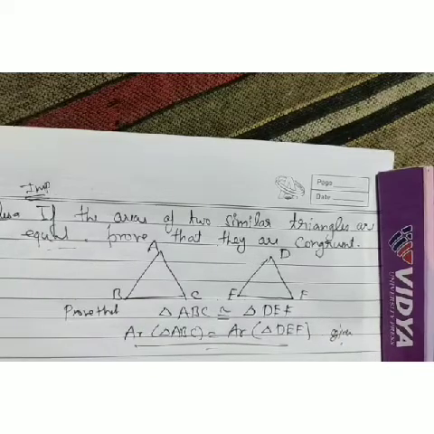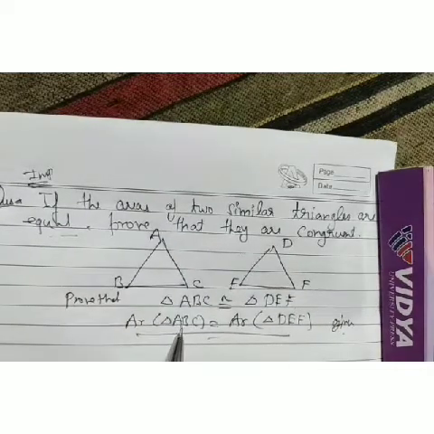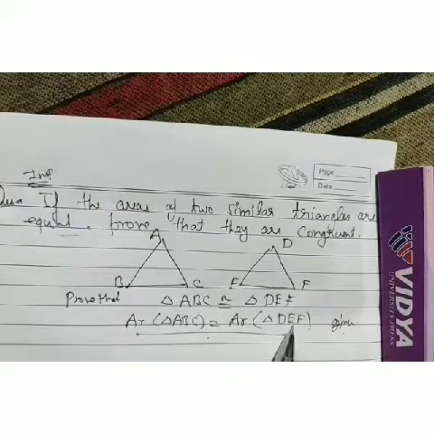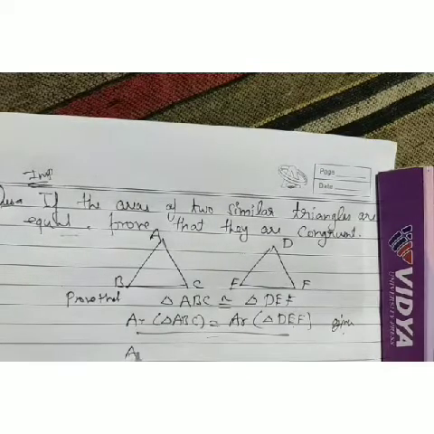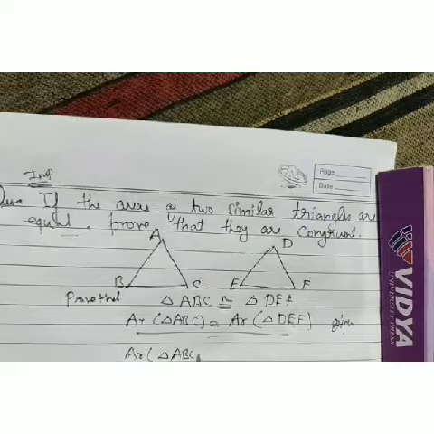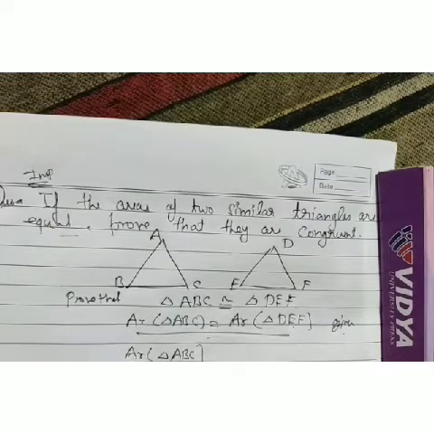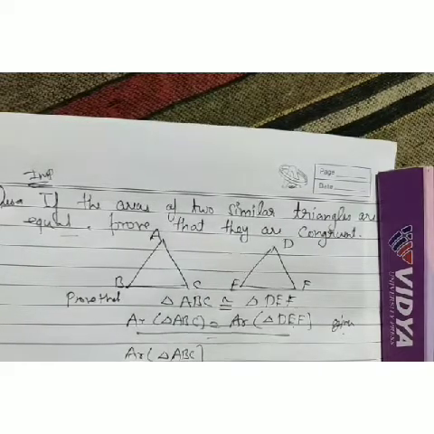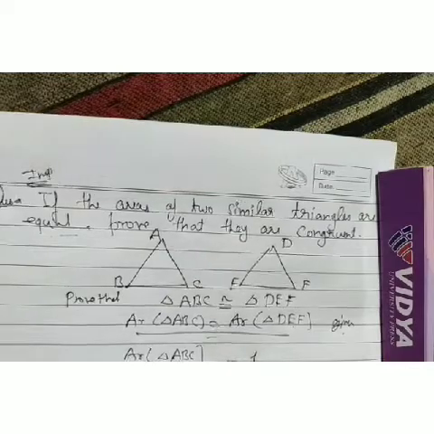Now if area of triangle ABC is equal to the area of triangle DEF, we divide both sides by the area of triangle DEF. Then what do we get here? The ratio of the area of triangle ABC to the area of triangle DEF is equal to 1.